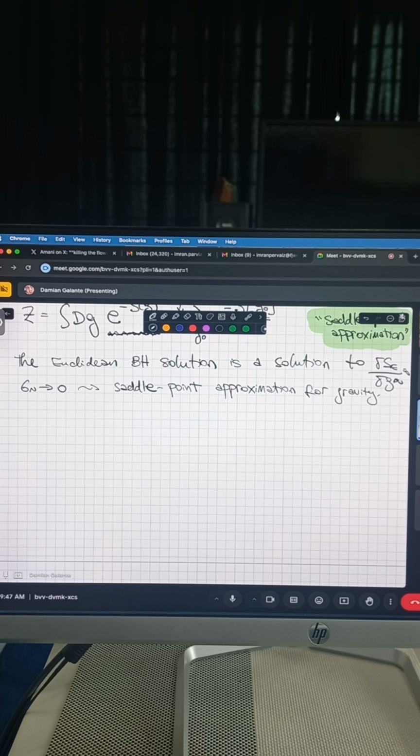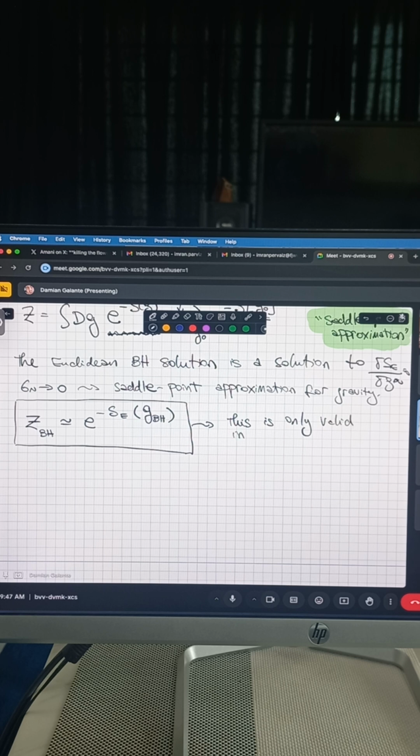Okay, so now Z black hole, let's call it, is approximately e to the minus S_E evaluated at the black hole metric. This is only valid in the G Newton going to 0 limit.